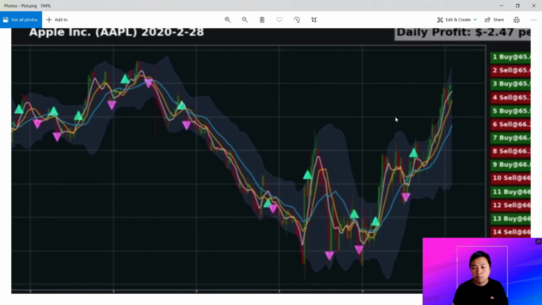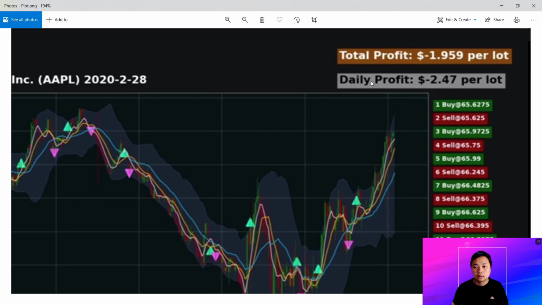And then at the top, you can see that it will also sum up all these trades to see how much we gain or how much we lost per lot. And within the day, that is the daily profit. And then the total profits here is another calculation that we will build in the functions. This is the total profits for the entire 2 years or up to the date.